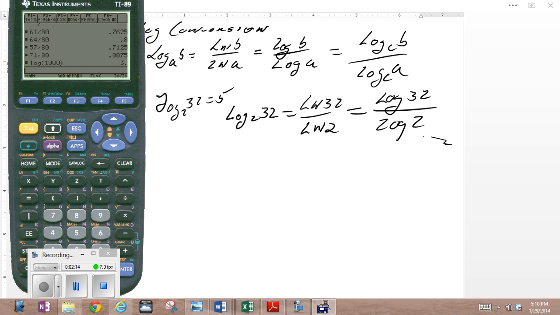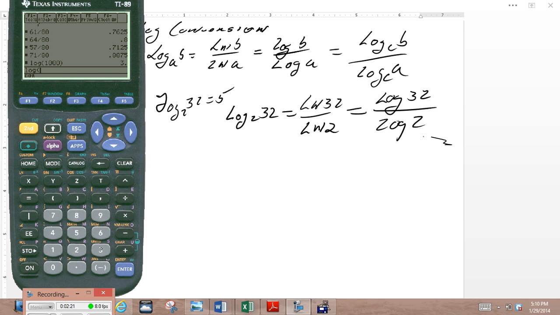Let's execute this in common log first. Clear. We're going to pick up the log: log of 32 divided by the log of 2. There we are, and there it is, 5.